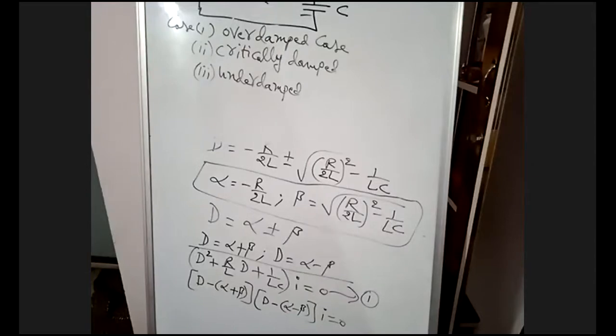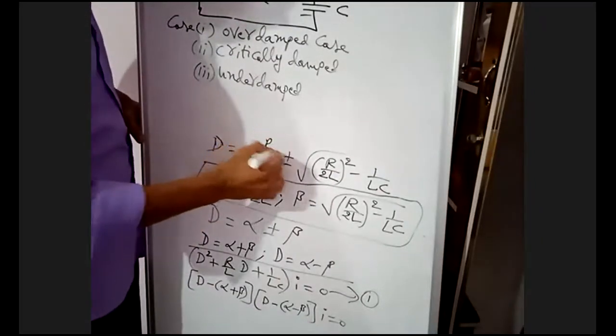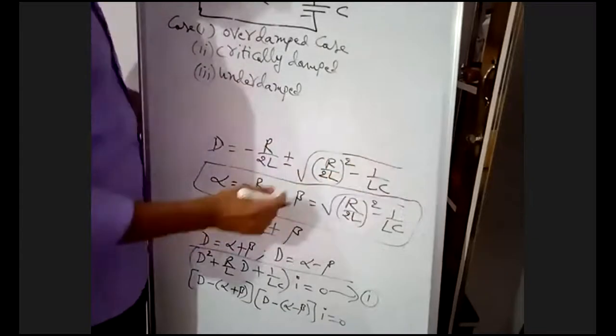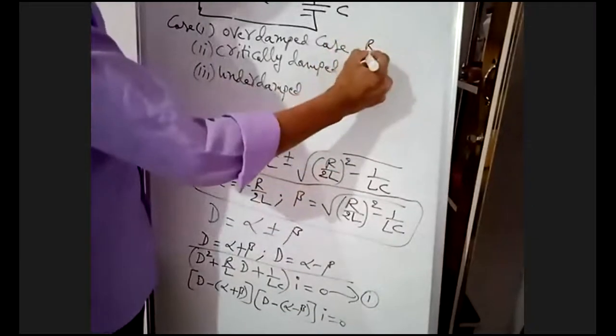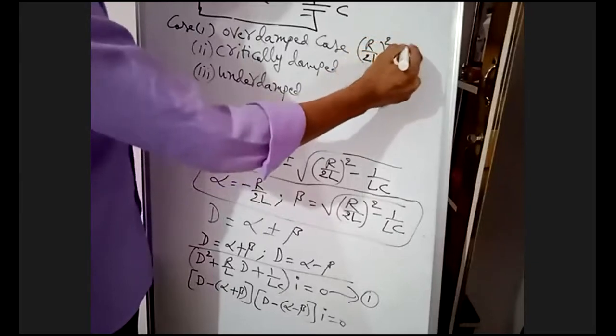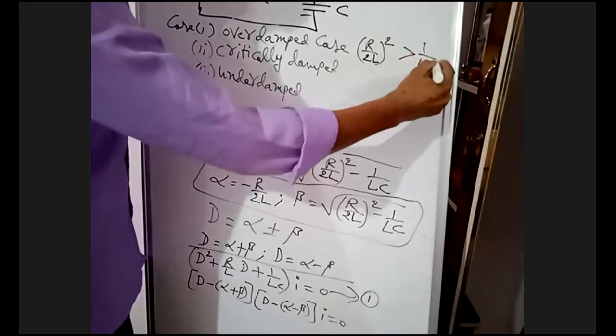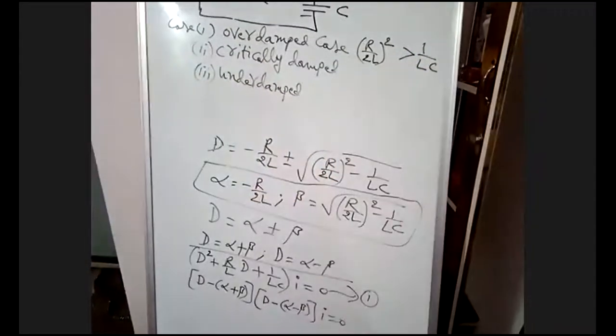In the overdamped case, what I will consider is R by 2L whole square greater than 1 by LC. See beta.